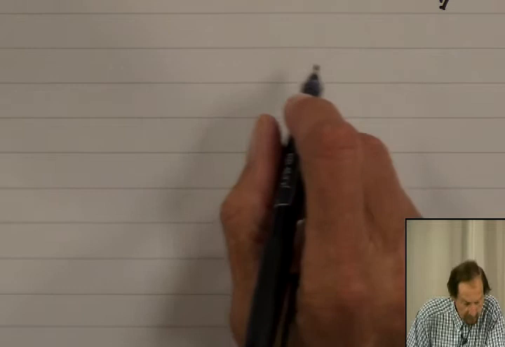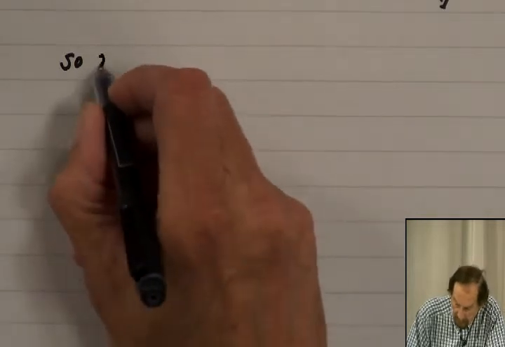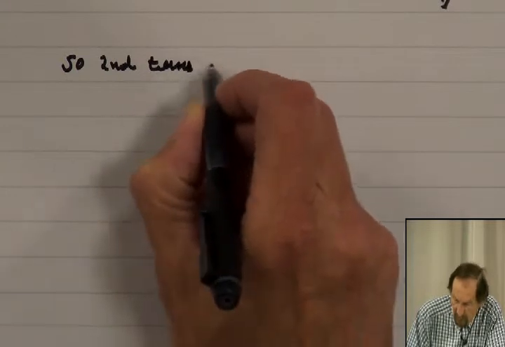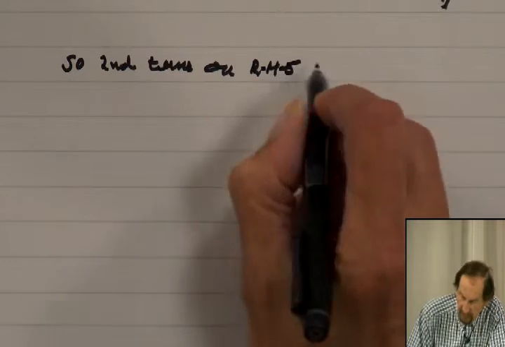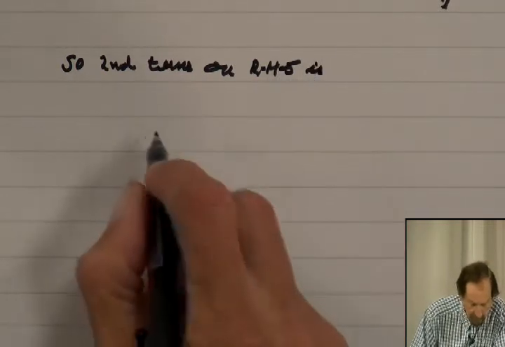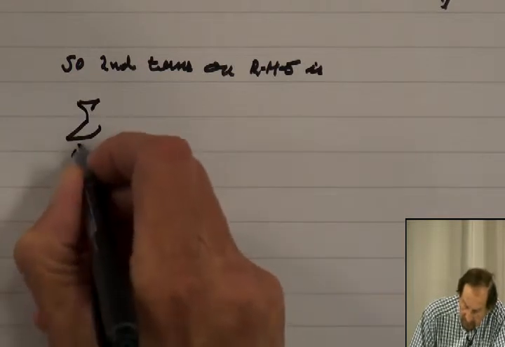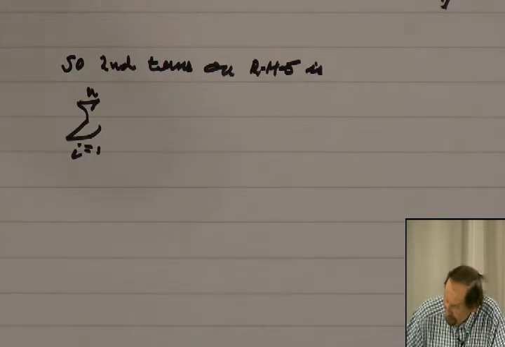This is a nice derivation here. So let's look at that second term on the right-hand side, which is the sum i equals 1 to n. Let me make sure I wrote that here.